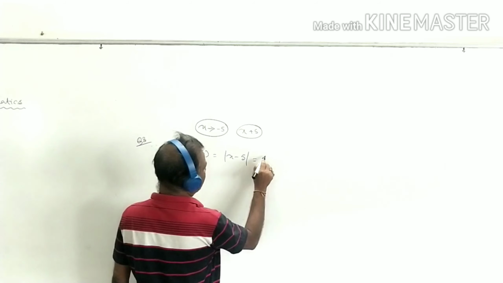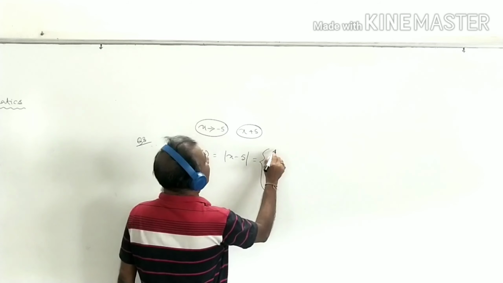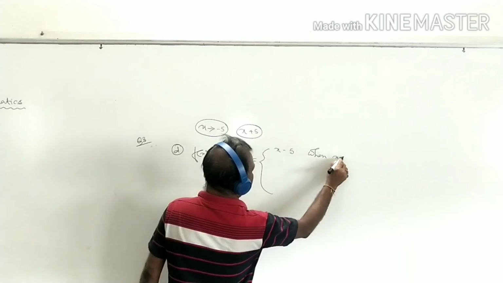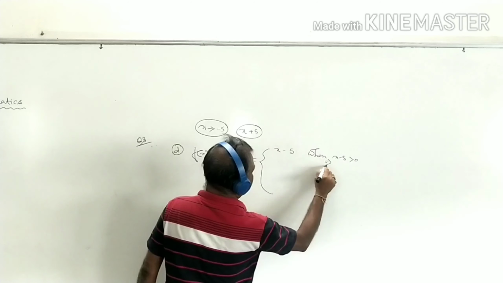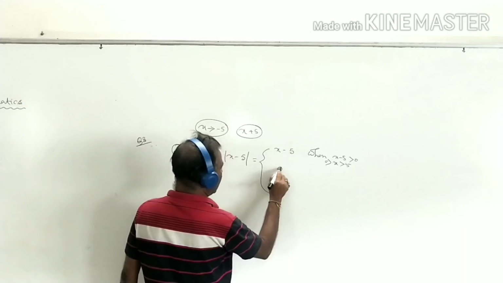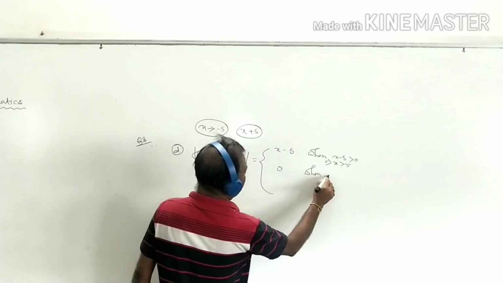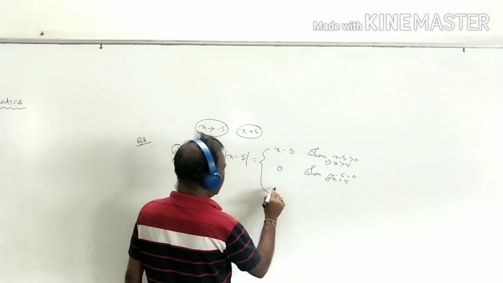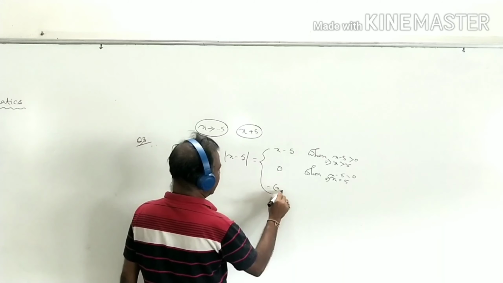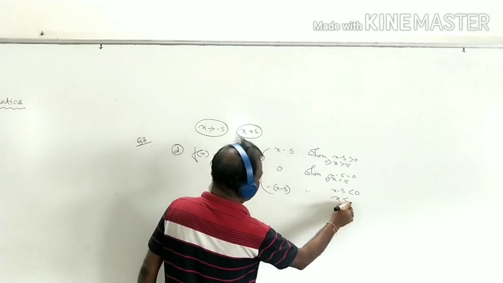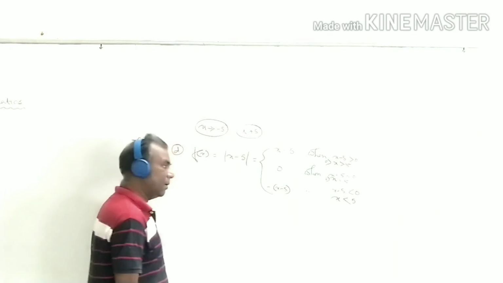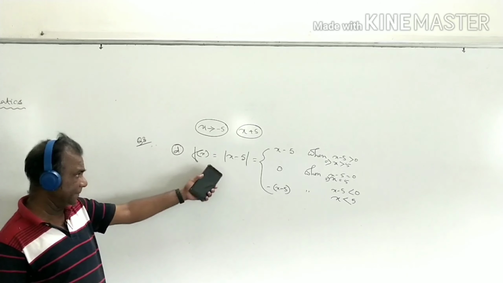Here you know what the mod is. It is x minus 5 when x minus 5 is greater than 0, that is x greater than 5; 0 when x minus 5 equals 0, that is x equals 5; and minus of x minus 5 when x minus 5 is less than 0, that is x less than 5.